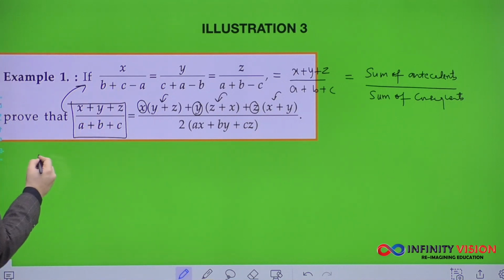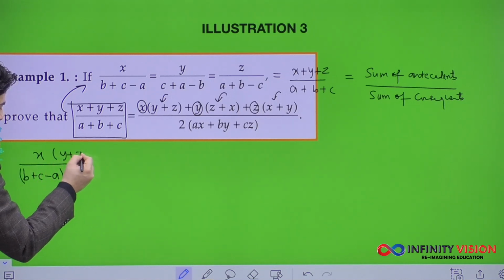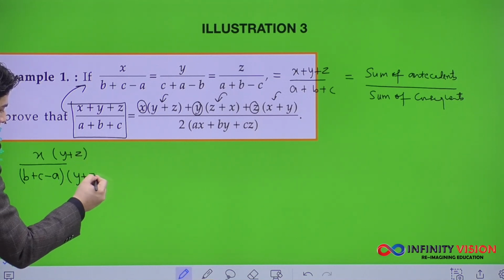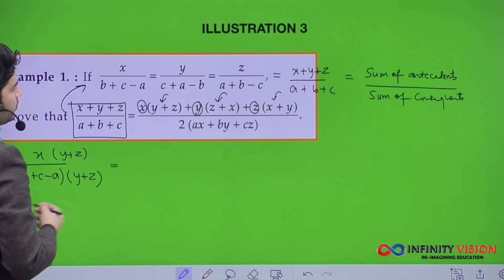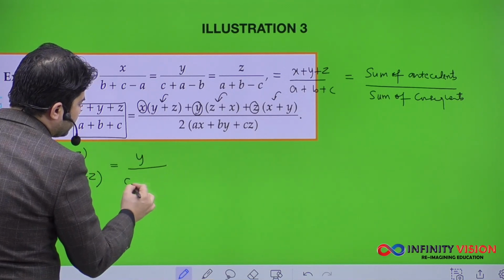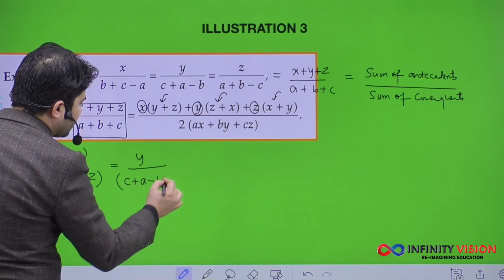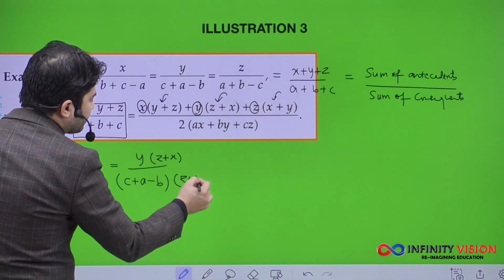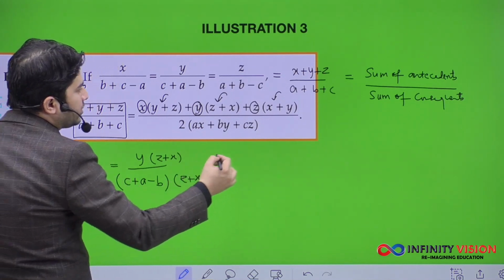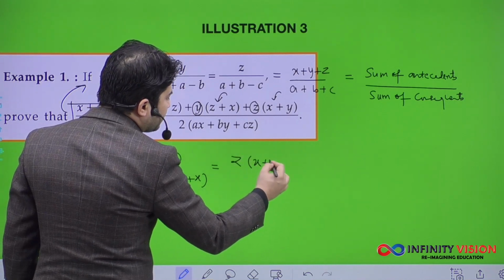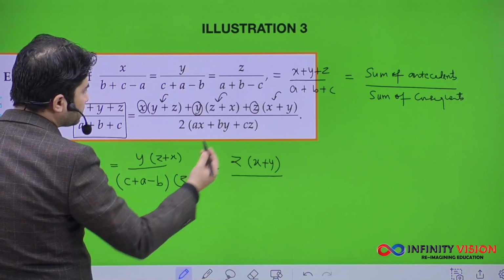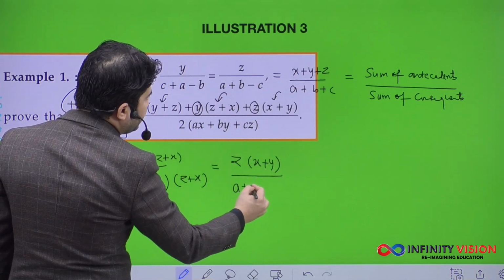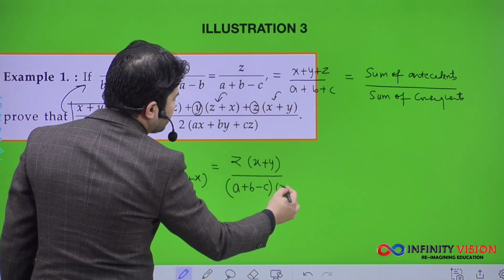So to begin with, I'll write x upon (b plus c minus a), and I'll multiply this with (y plus z) in the numerator and in the denominator, which will be equal to y upon (c plus a minus b), and you have to multiply (z plus x) upon (z plus x), which will also be equal to z into (x plus y) upon (a plus b minus c) into (x plus y).